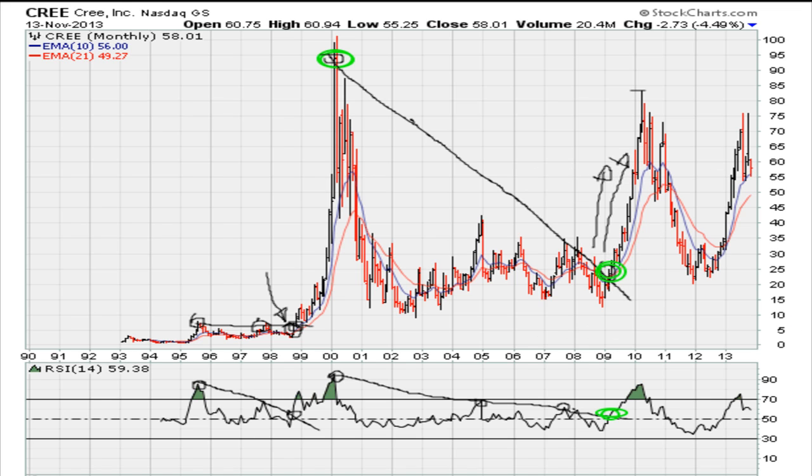Now what is curious here is that even though the stock has moved from, let's say, the lower 20s again all the way to the 70s, we have not seen a primary trend line break in the stock. Notice this is the all-time high in price. So draw a straight line.